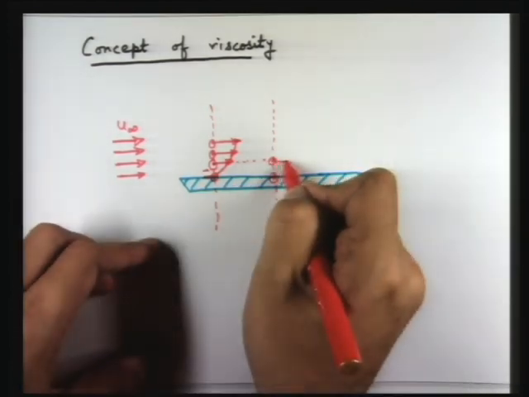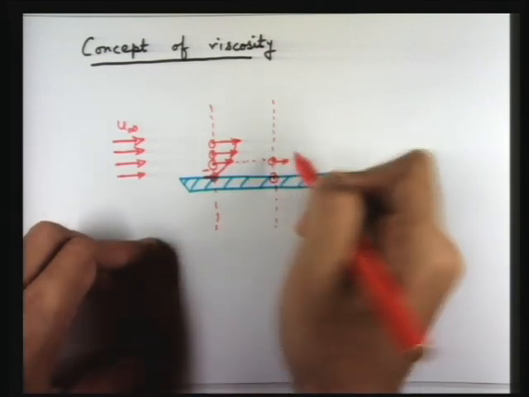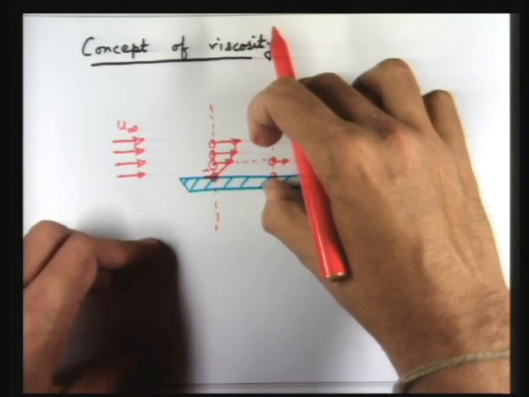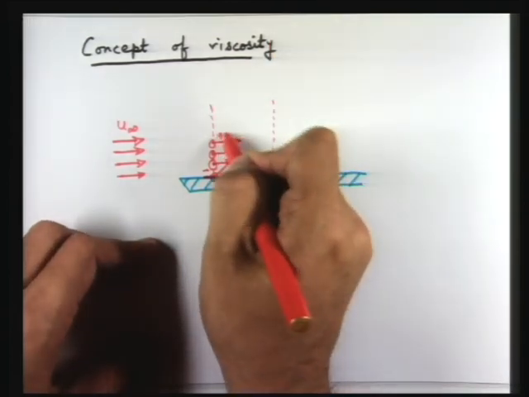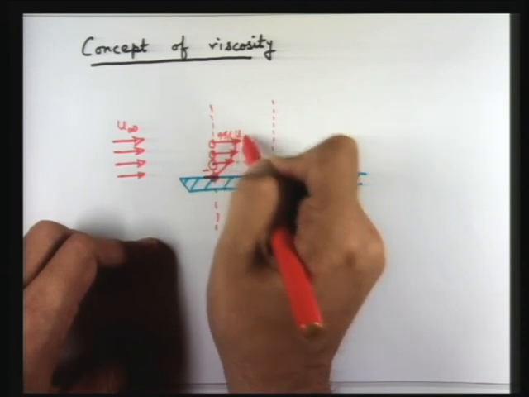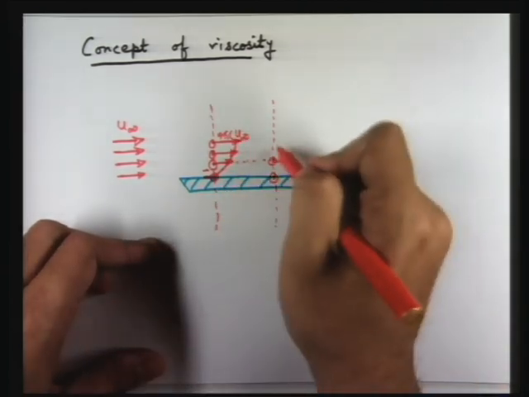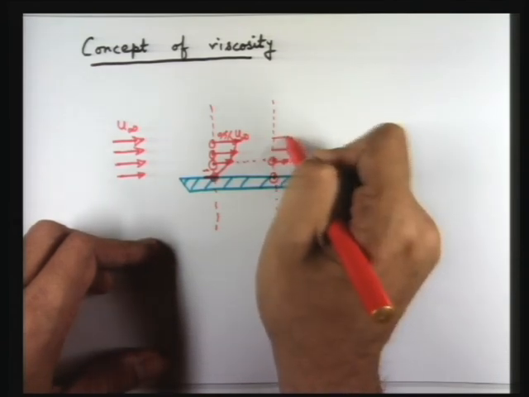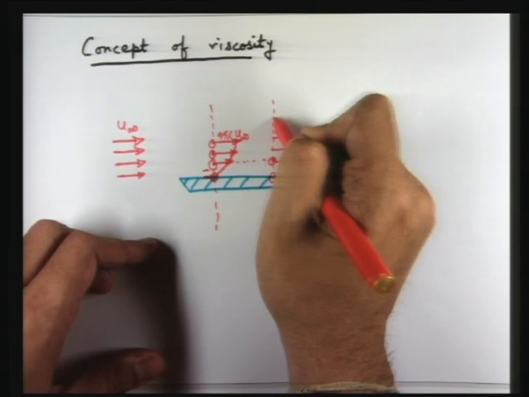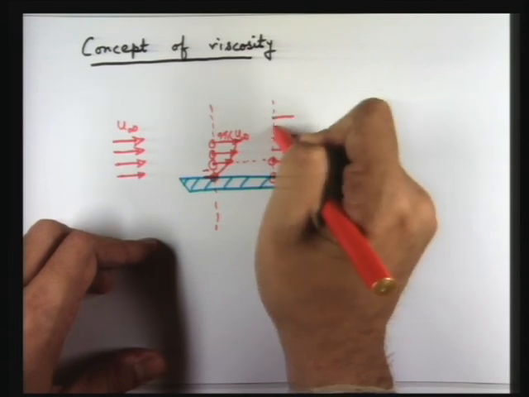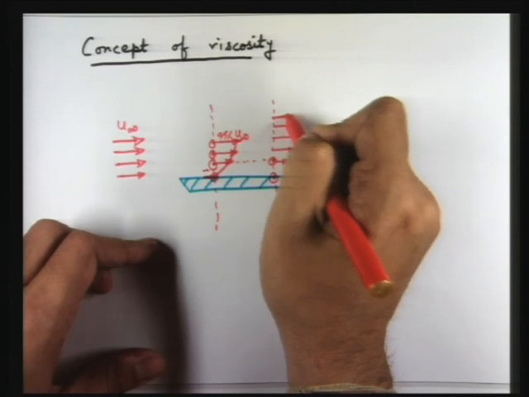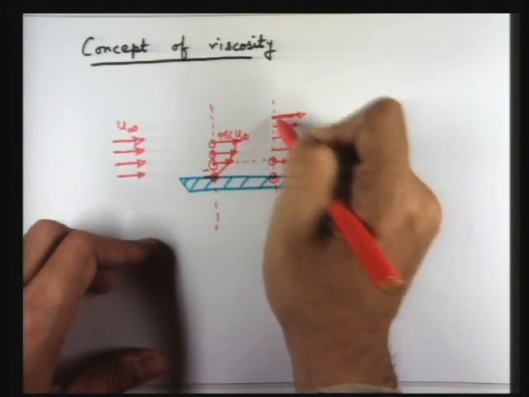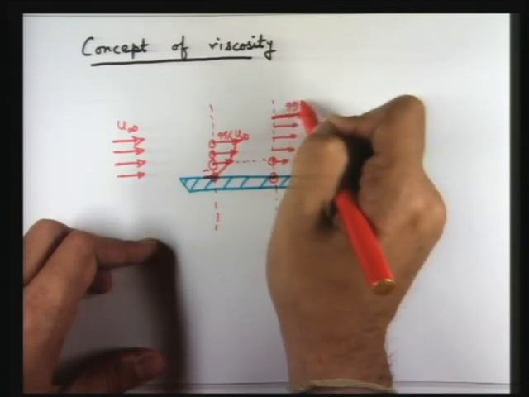So you have velocity less, that means it will take more distance here to reach the u infinity level. So this is like 99% of u infinity. Here it will take more distance from the wall to reach this 99% of u infinity. Let us say this is the distance from the wall where it reaches 99% of u infinity.